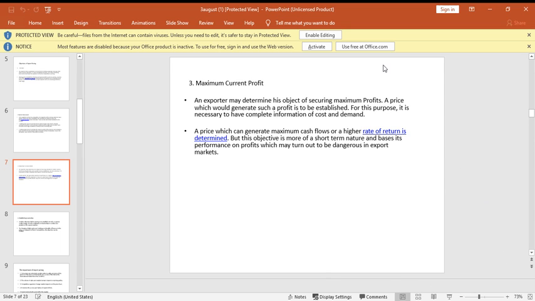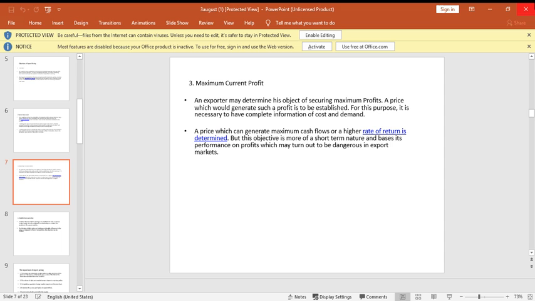Third one is maximum current profit. So we have learned about the survival objective and maximum sales growth, and now maximum current profit. An exporter may determine his objective as securing maximum profits. A price which would generate such a profit is to be established.